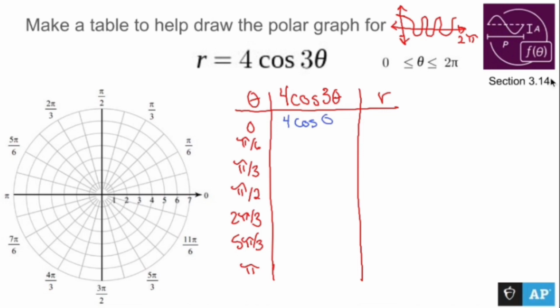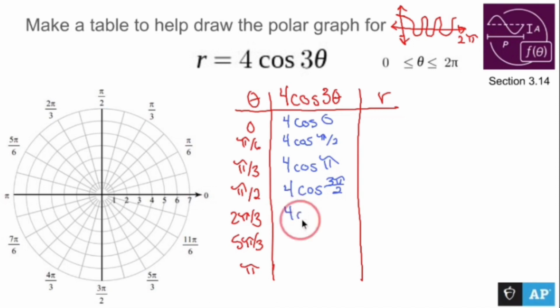We'll deal with that when we have to deal with that. 4 cos 3 times theta is going to be 4 cos 3 times pi over 6. 3 pi over 6 is pi over 2. I'll deal with that. 4 cos 3 times pi over 3 is pi. 4 cos 3 times pi over 2 is 3 pi over 2.